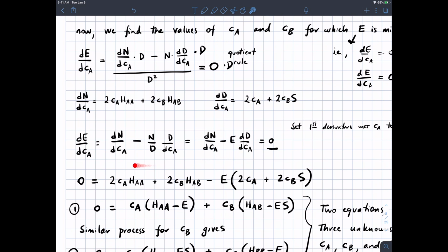Okay? So then I go back, and if I calculate the first derivative of the numerator with respect to CA and the first derivative of the denominator with respect to CA, then I get my answer. Are there any other questions about that, Mario?